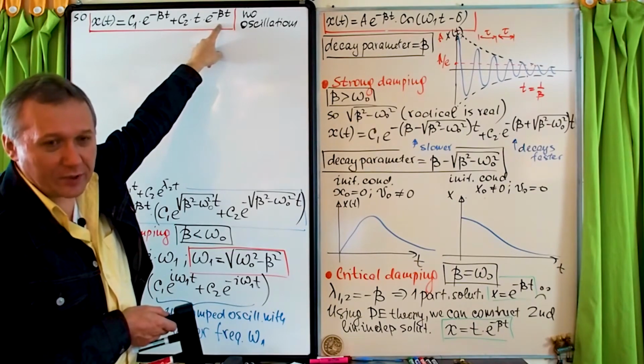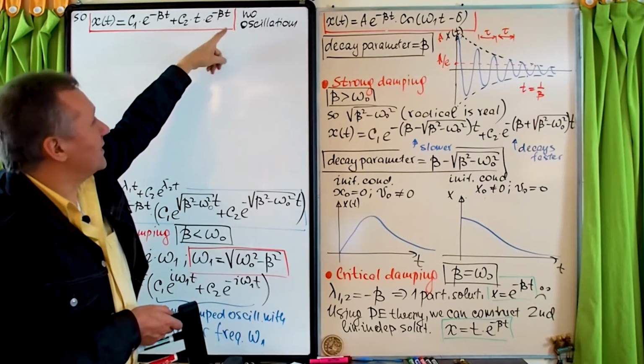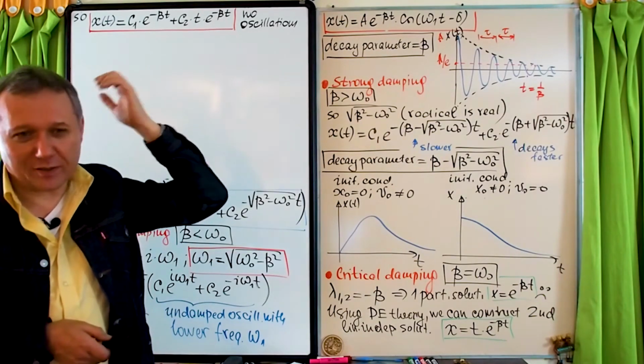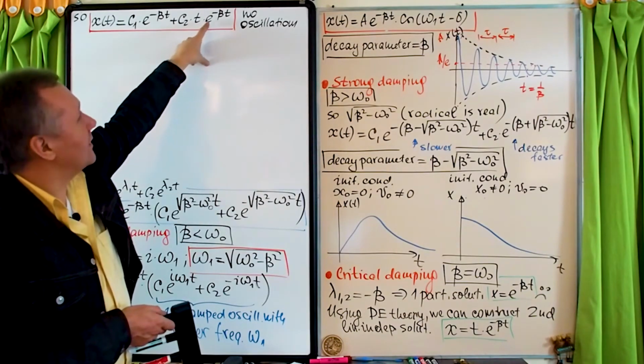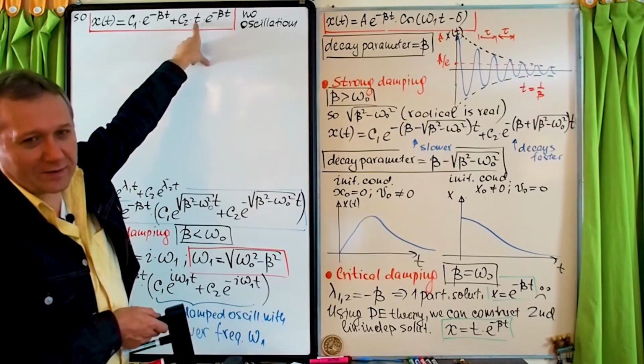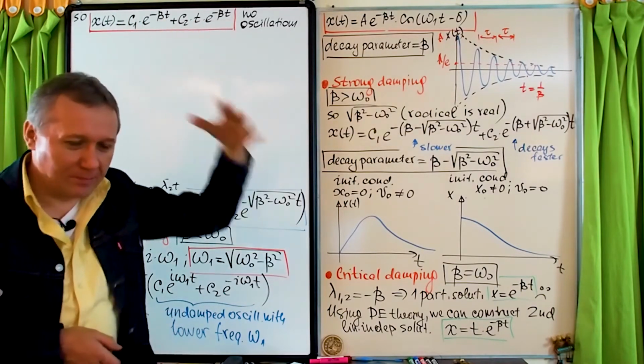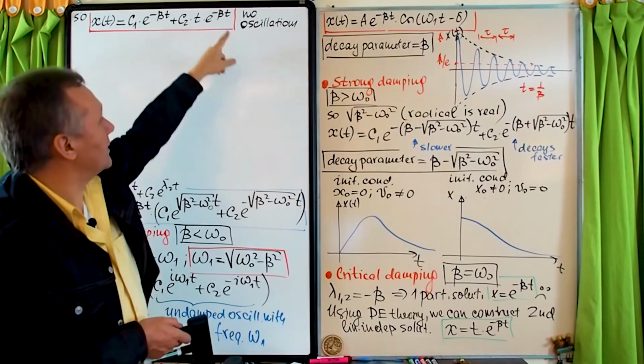Of course, this attempt to fight will be miserable because the exponential decays so fast, it will suppress this t badly. Of course, t is trying to grow, but this decays.